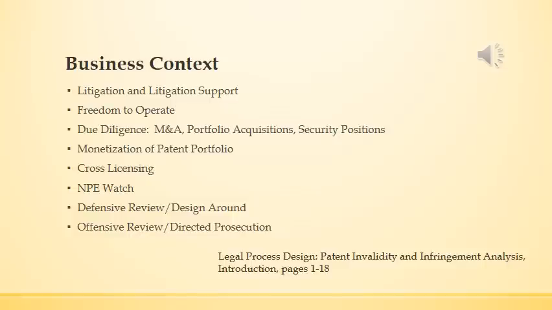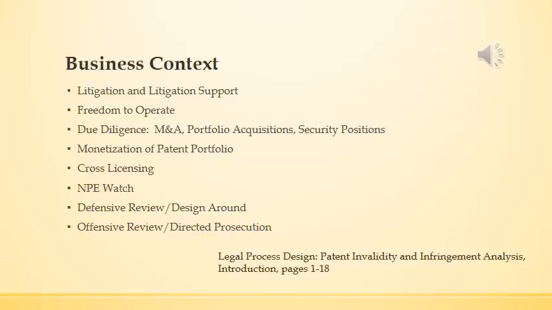Defensive review, that's where you're looking at your competitors' or others' claim charts, and it's sort of like the non-practicing entity watch. You're watching what claims might read on your commercial implementations, and what sort of royalties they might expect to ask for if you believe their patents are valid and infringed.